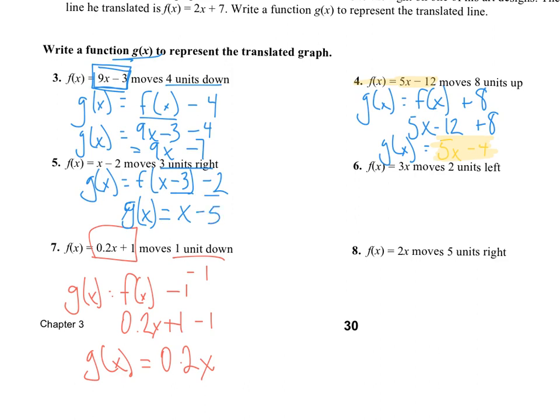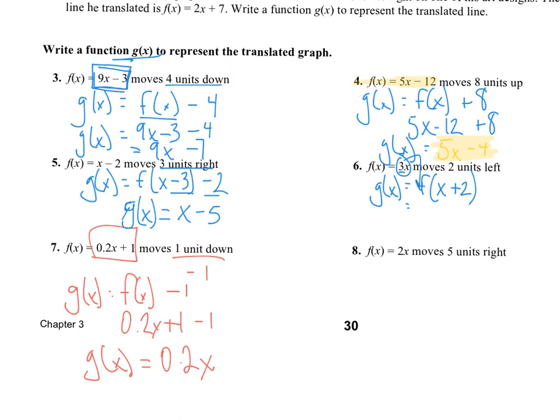which just turns into minus 5. These ones are a little bit trickier if you look at number 6, because I have a 3 here. So g of x is equal to f of x, and in this case, we're moving 2 units to the left. So 2 units to the left means plus 2. When I rewrite this, now I have a 3.